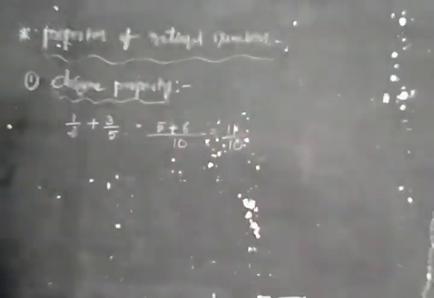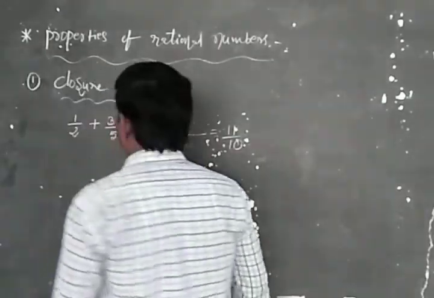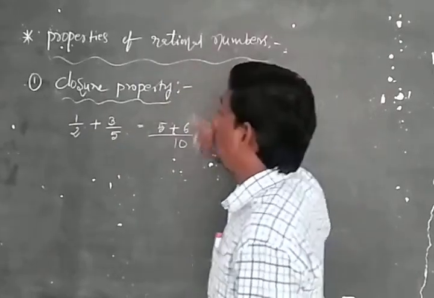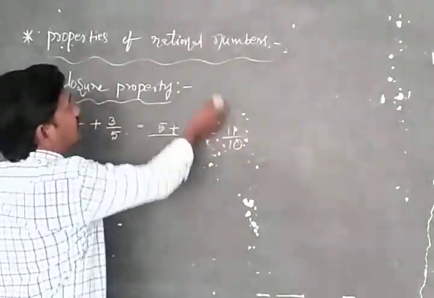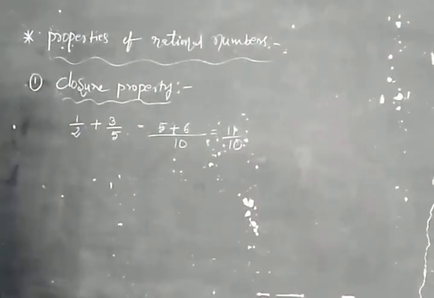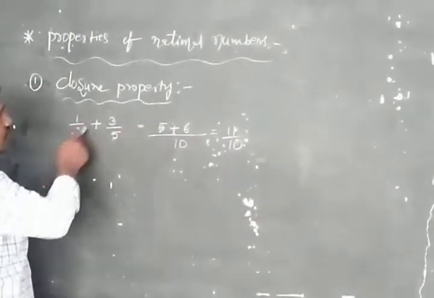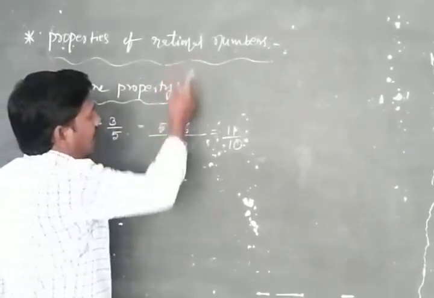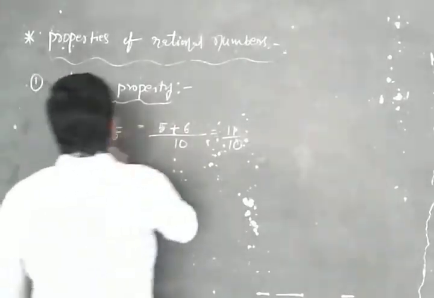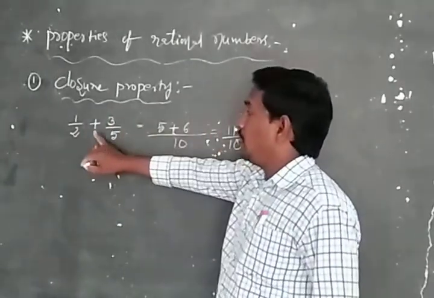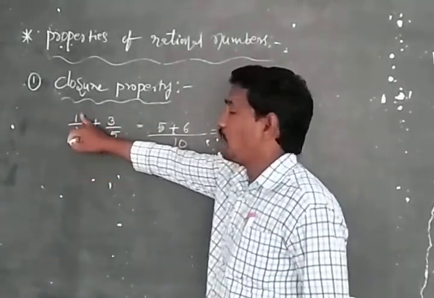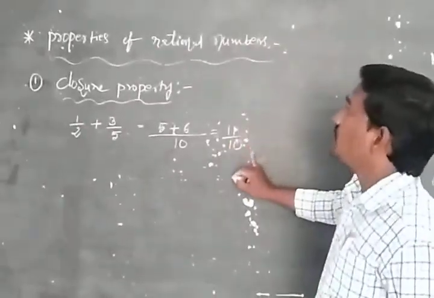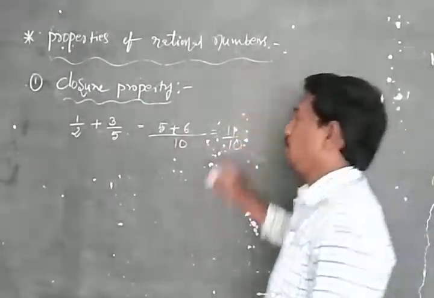So what is the meaning of the closure property? Here 1 by 2 belongs to rational numbers, 3 by 5 belongs to rational numbers, and 11 by 10 also belongs to rational numbers. If 1 by 2 and 3 by 5 belong to rational numbers, and the addition of 1 by 2 plus 3 by 5 is 11 by 10, then 11 by 10 also belongs to rational numbers.